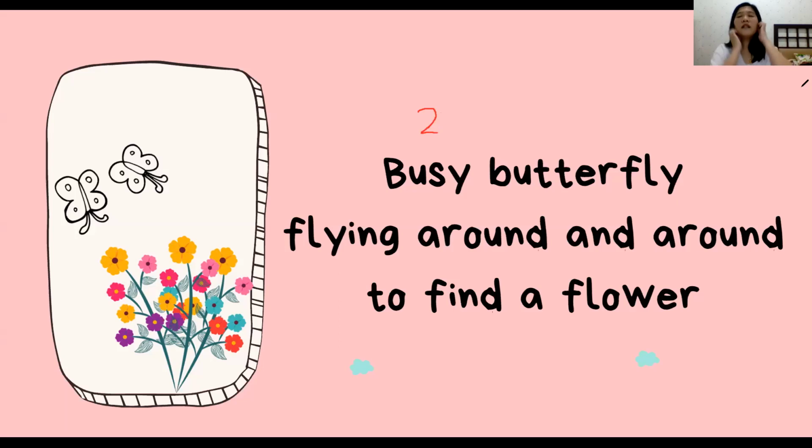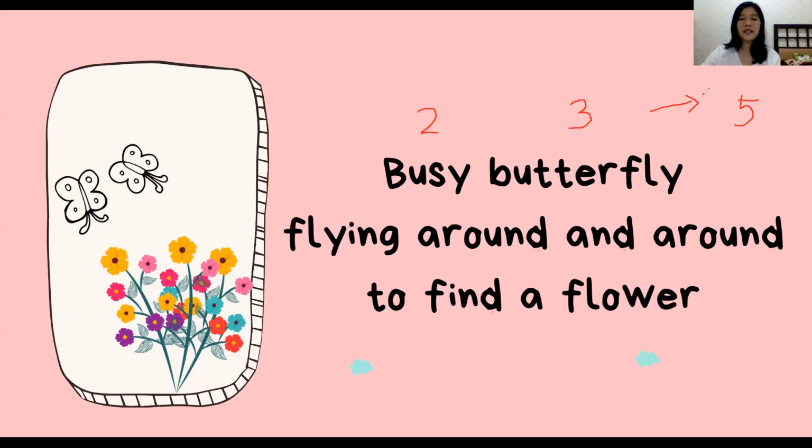And then how about butterfly? Butterfly. There are 3 syllables. So 2 and 3 make number 5. Oh, so on the first line, there are 5 syllables.